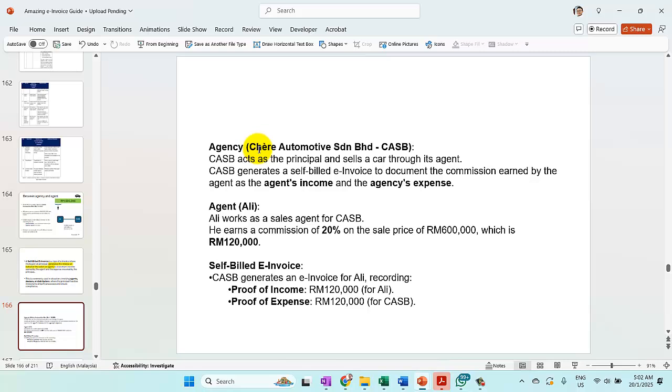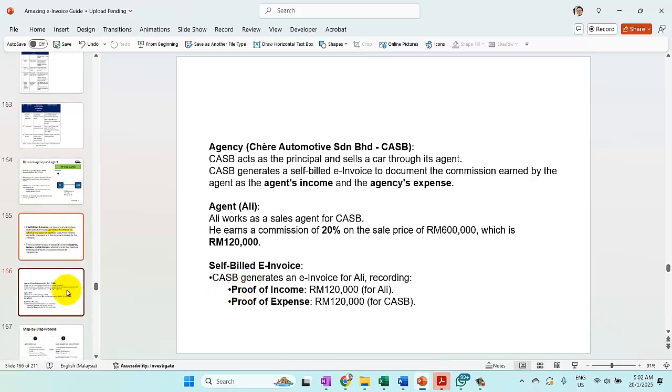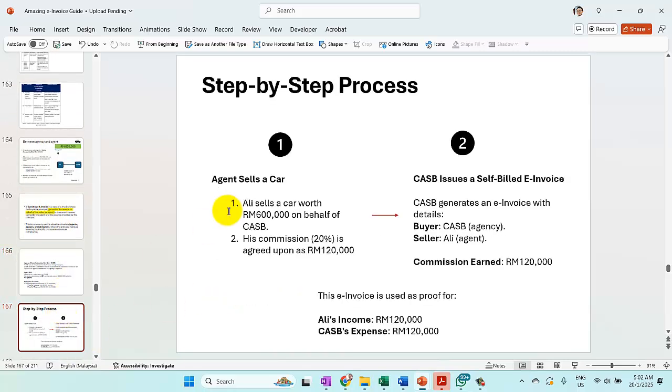Here's another example, in detail. You can see here 100% and so on. Like I said, first the agent sells the car. So this must happen first, then the commission is calculated, and then CSB issues a self-billed e-invoice within that month itself, so that it can account for that.